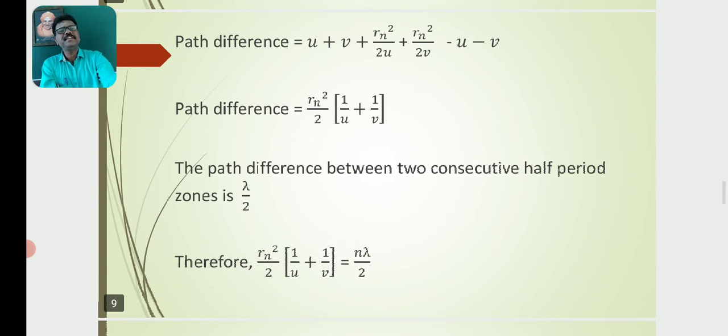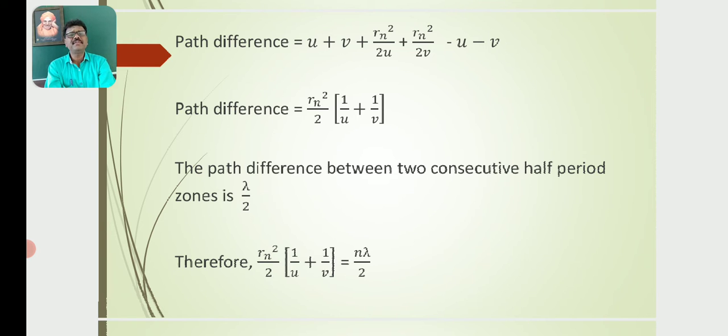Then the path difference is equal to U plus V plus Rn square by 2U plus Rn square by 2V minus U minus V. Here plus U and minus U, plus V and minus V cancel each other. Then the path difference is equal to Rn square by 2 into 1 by U plus 1 by V. The path difference between two consecutive half-period zones is lambda by 2.